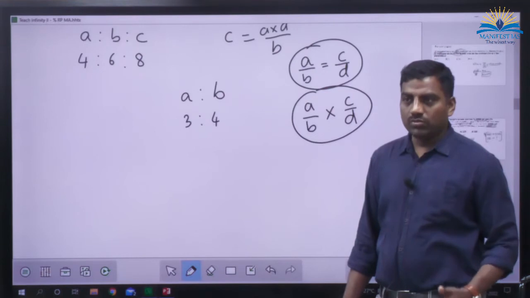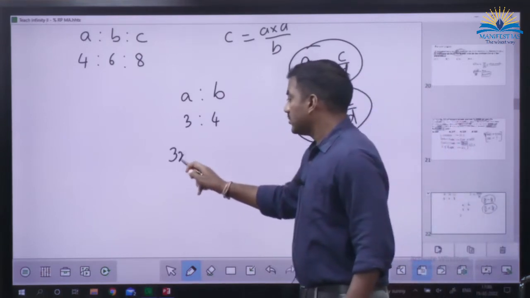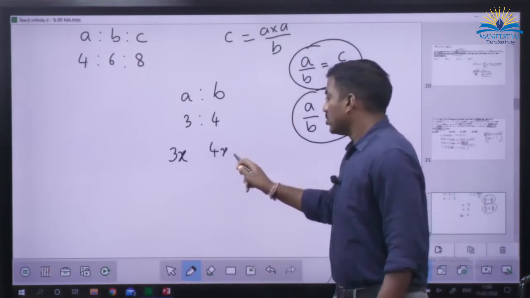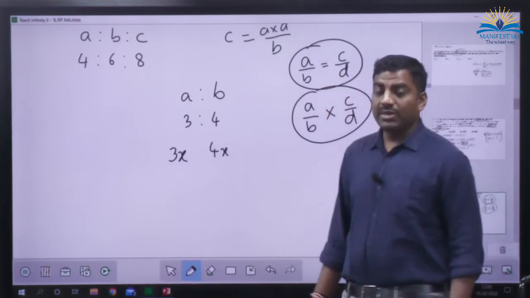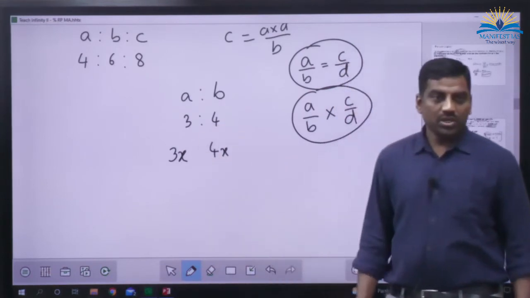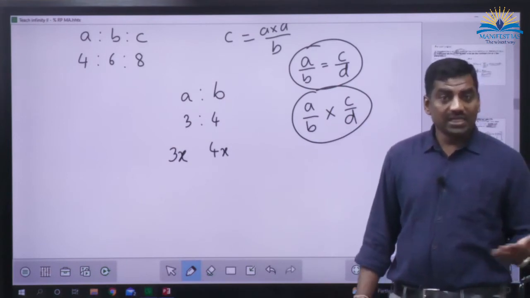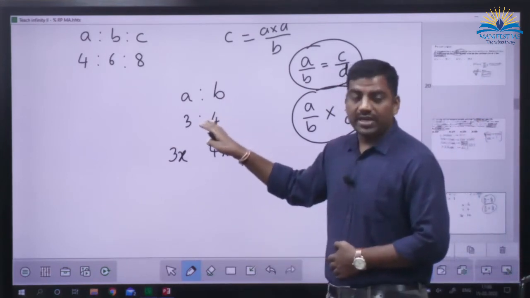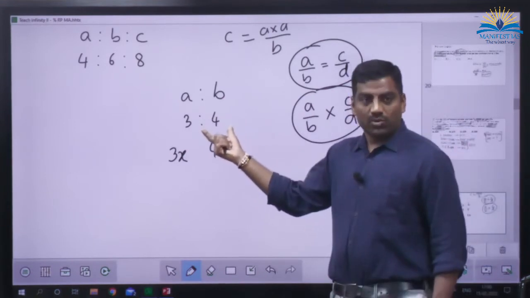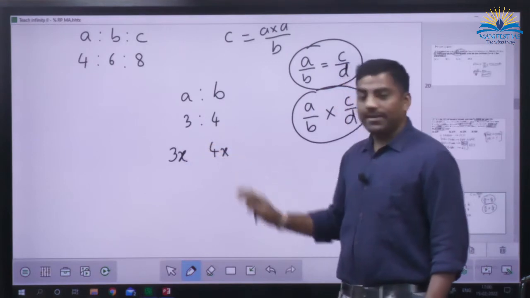Always you have to assume there is a real value, that is 3x, and this is 4x. Whenever you are taking them into calculation, you cannot directly take 3 and 4. You have to take 3x and 4x, then do the calculation. Otherwise, it will be difficult if you take only 3 and 4, because this is the most simplified form. What if their salary is 60 and 80?